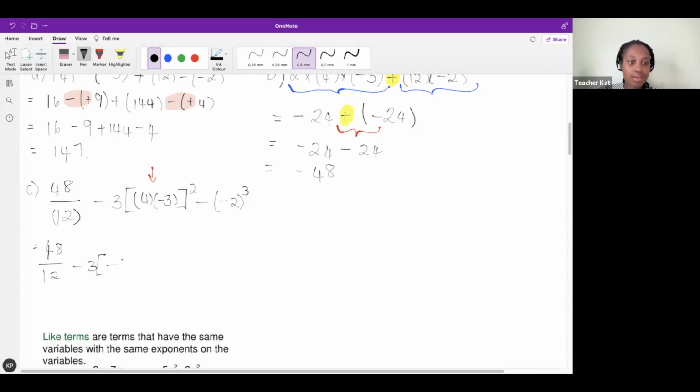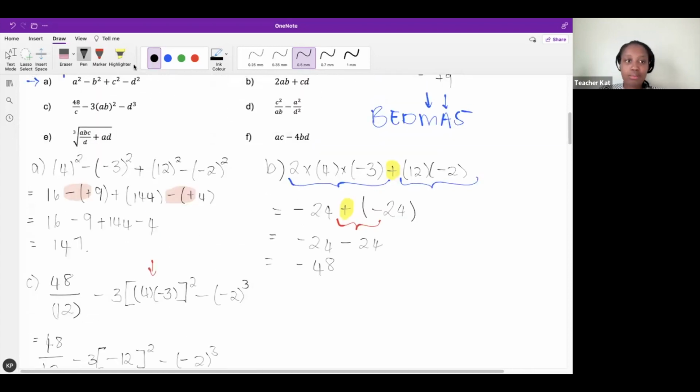Thank you, Yonela. 4 times 3 is 12. Put back my brackets and I rewrite everything the way it is. Great. We've dealt with brackets. What's after brackets according to BODMAS or BEDMAS? What's after brackets? If you look here, brackets was my first step. We've done it. What does this E stand for?